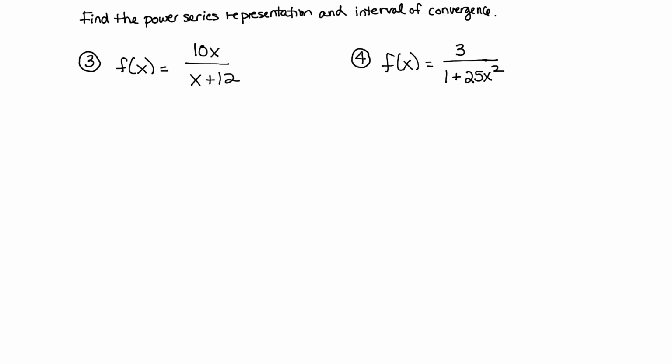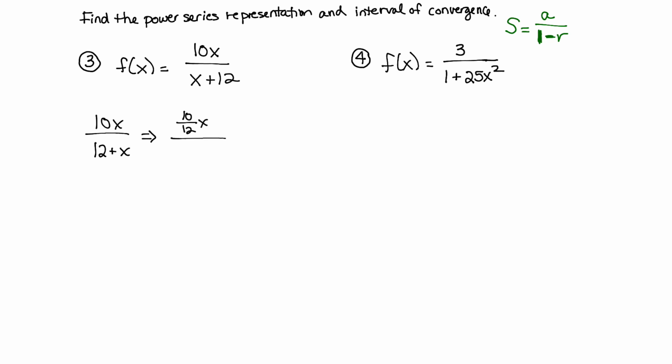So when I do it, this is the way I do it. Other people might do it differently, okay? But my whole goal when I look at this is to take that rational expression and get 1 minus something. That always tends to be my goal with these. So if I have 10x over x plus 12, I want to divide everything by 12.